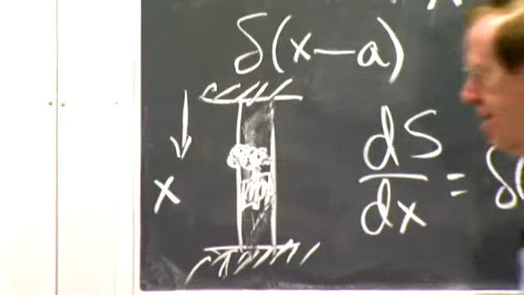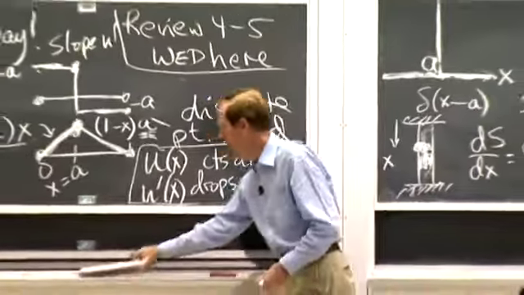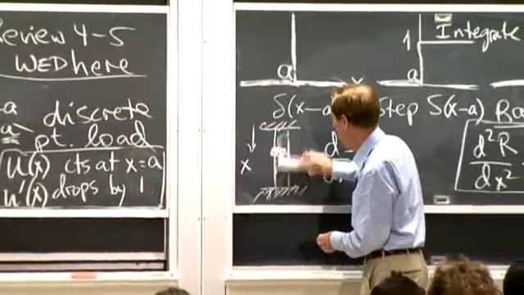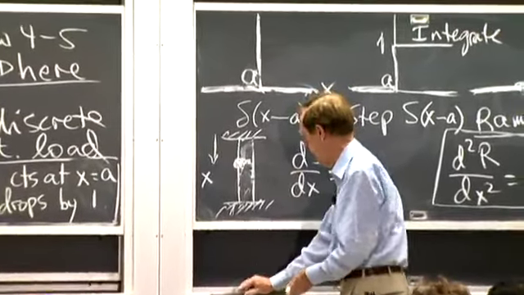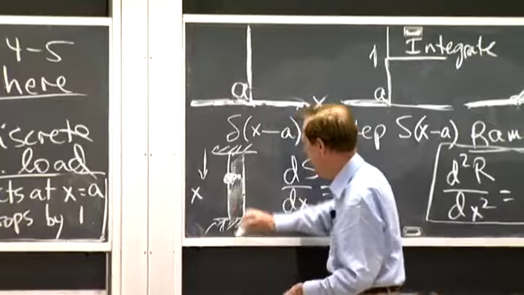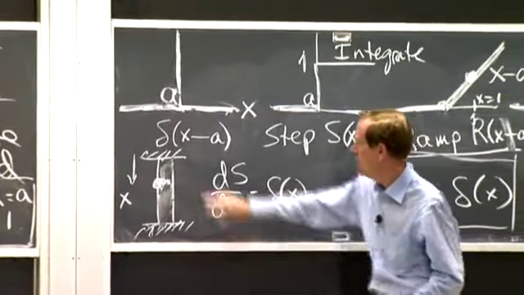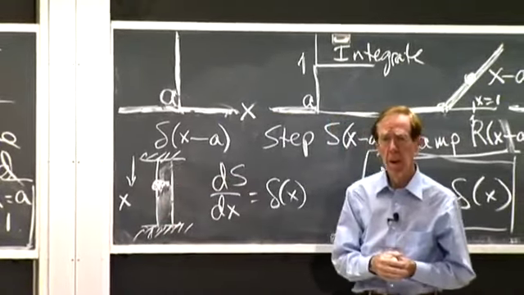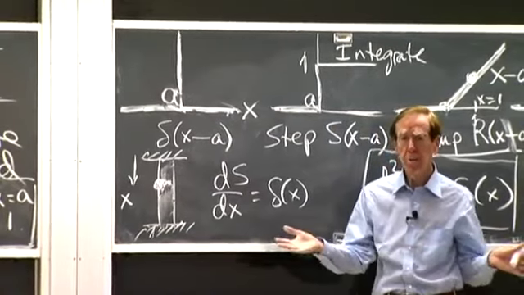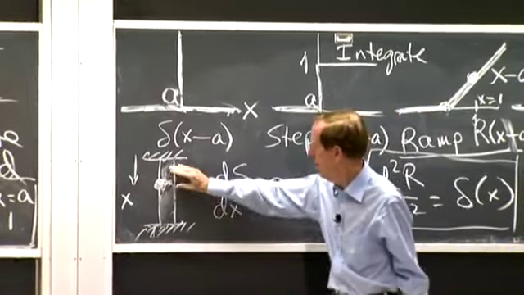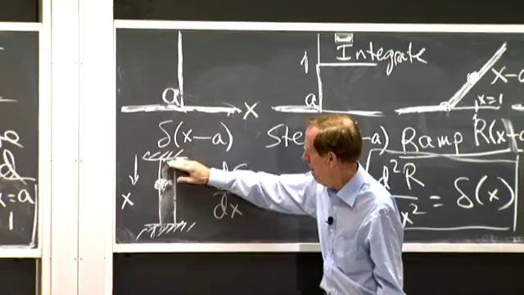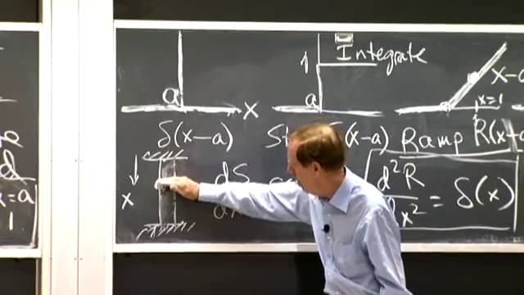What's going to happen to this bar when I do that? Just tell me physically what's going to happen. What's going to happen above the load? It's going to stretch, right? Tension. The load is going to pull the bar down.